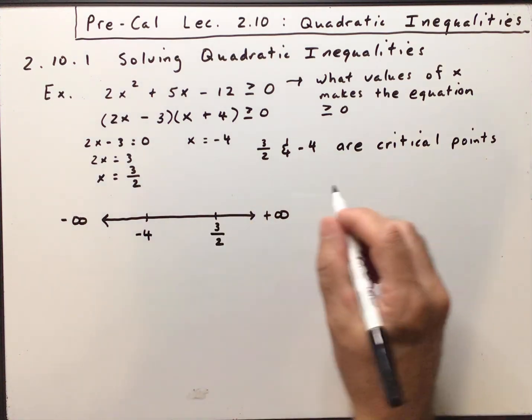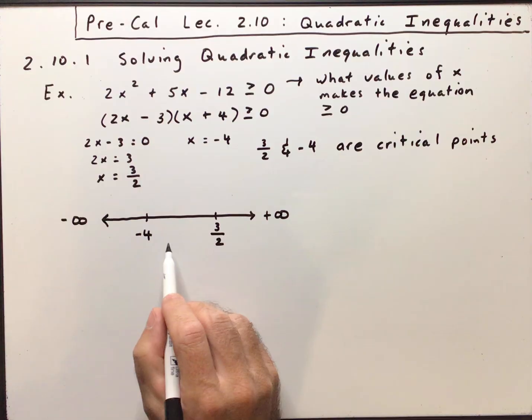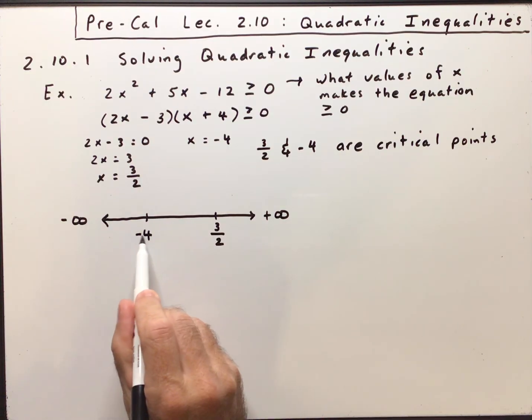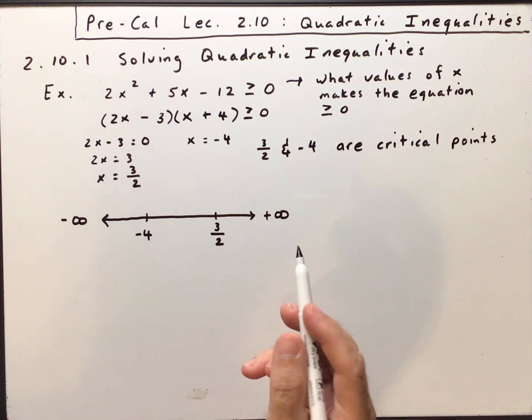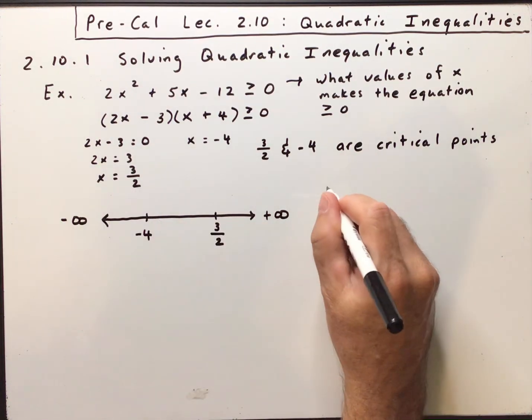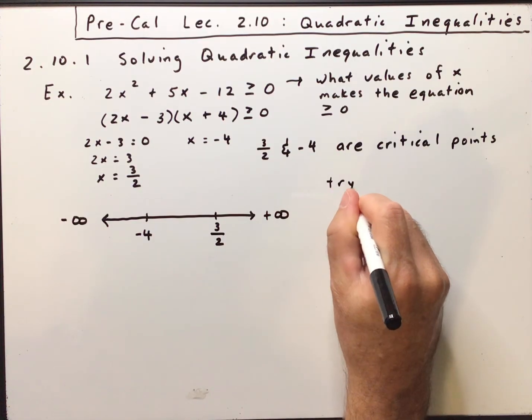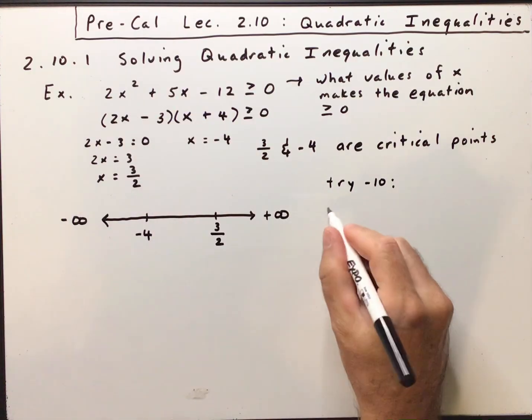Okay. Well, what I like to do is pick numbers that are easy to deal with. So a number less than negative 10 that's easy to deal with would be negative 10. I could probably do that in my head. I'll write it out, but let's try negative 10. And we're going to plug back into the original equation.